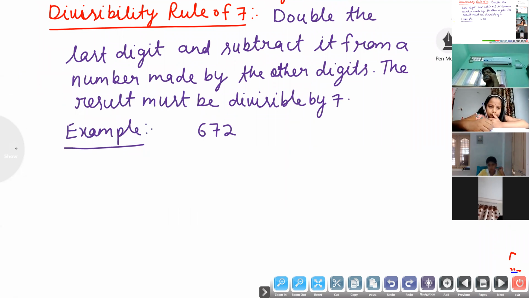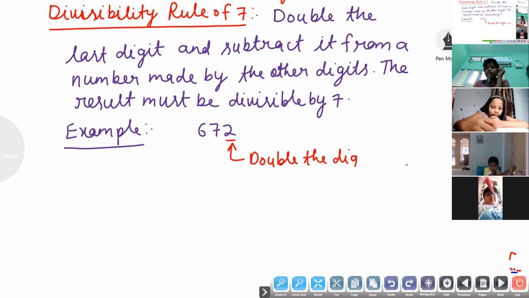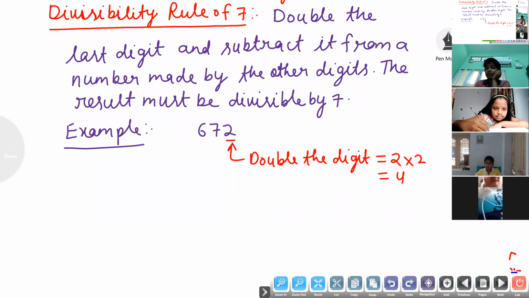What is the last digit here? The last digit is 2. Double means 2 into 2 is equal to 4. After that, except the last digit, we will write the rest here.